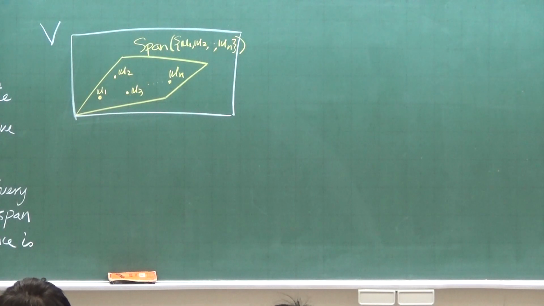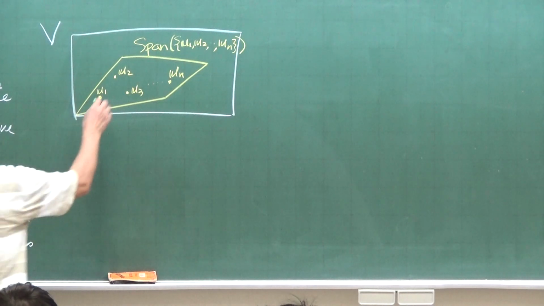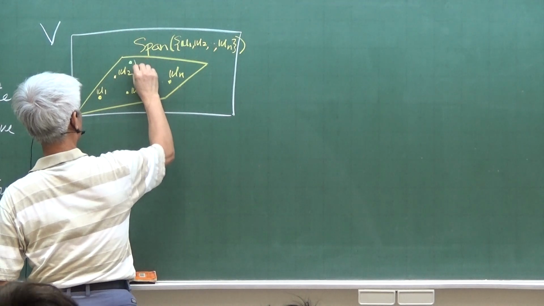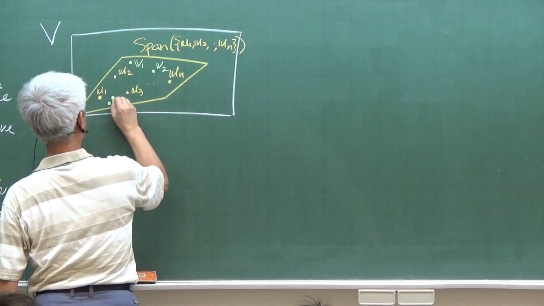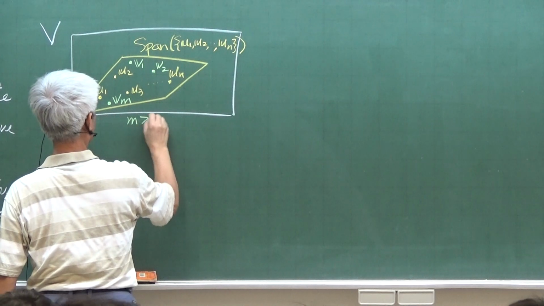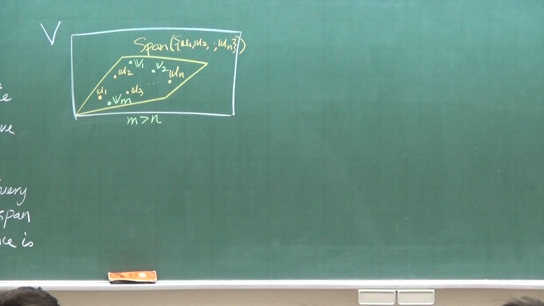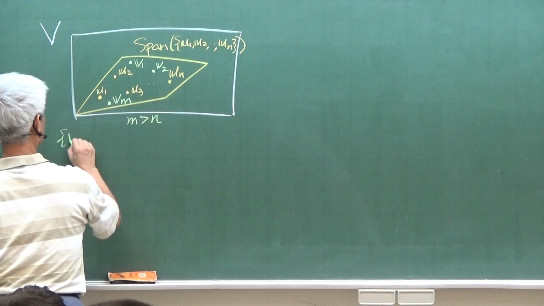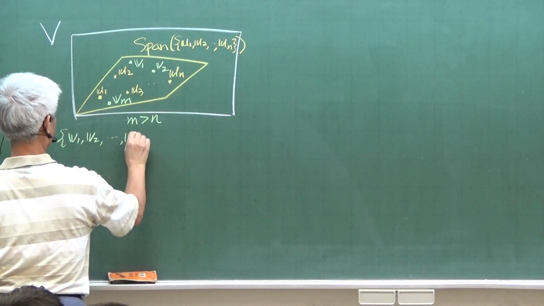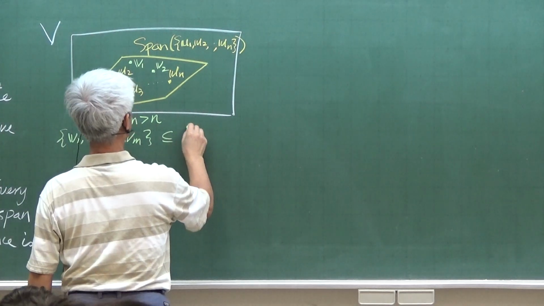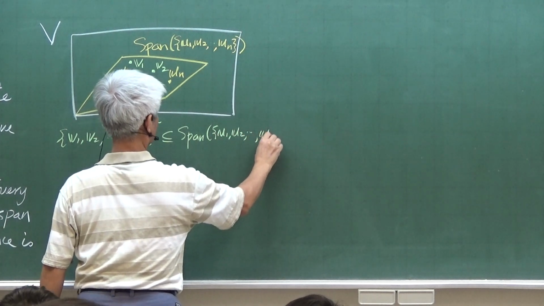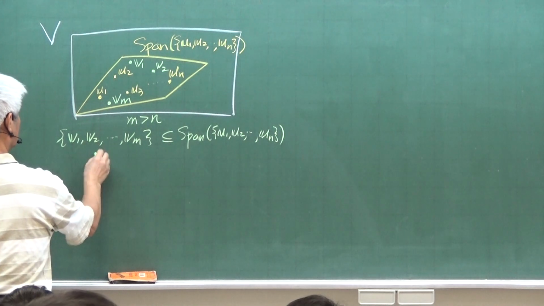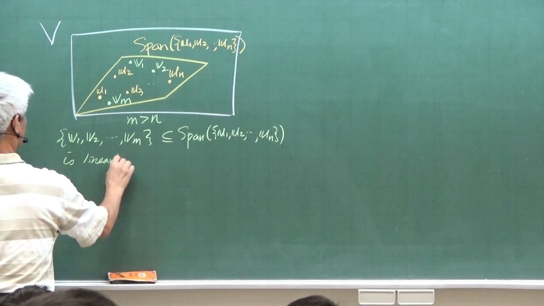Now, in the span, if we pick up more than n vectors, say V1, V2, up to Vm, such that m is greater than n, so we have a set of more than n vectors, then V1, V2, up to Vm is linearly dependent.